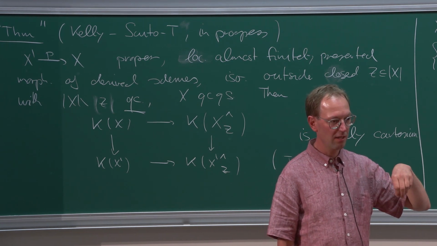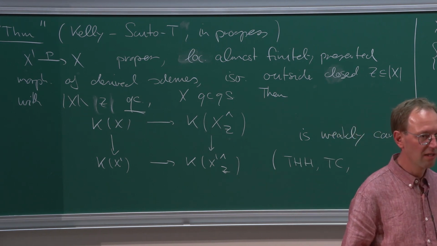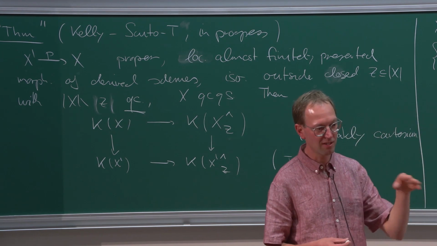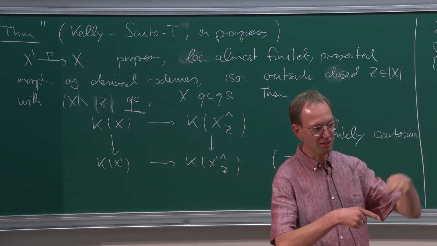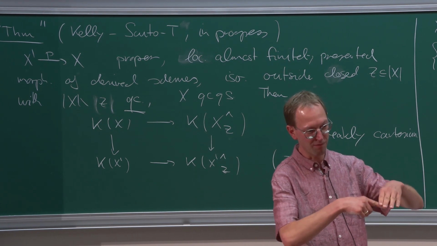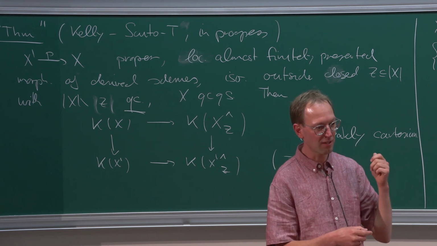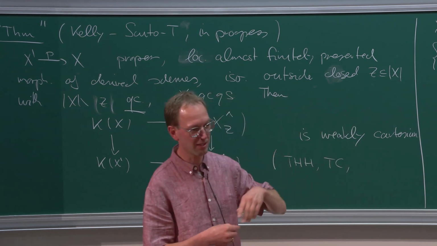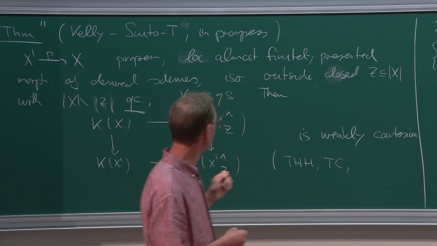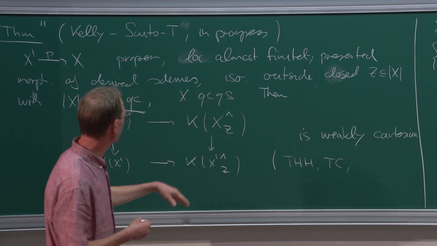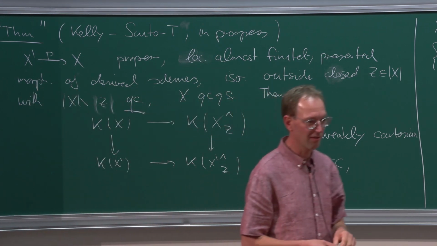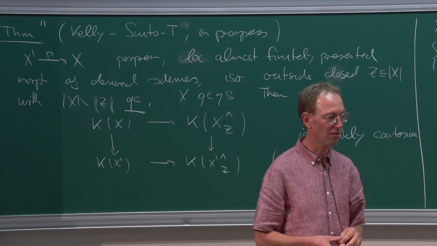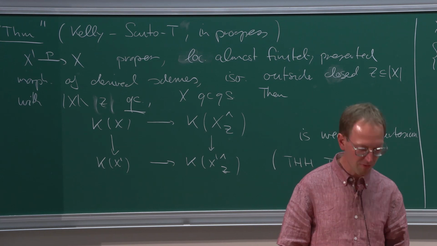There's this Weibel vanishing conjecture that K-theory vanishes below negative the dimension, and this holds for QCQS schemes below negative the valuative dimension. This follows from this result plus geometric arguments, but the things that you have there are really only almost finitely presented, or locally so. Finitely presented is too strong.